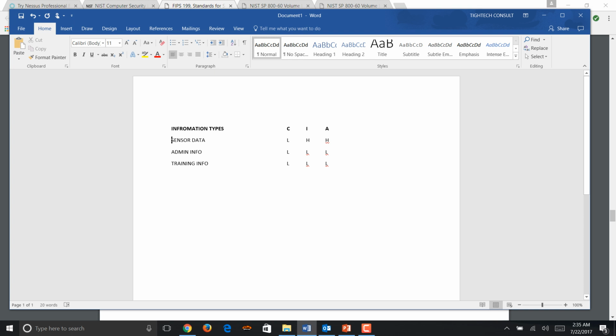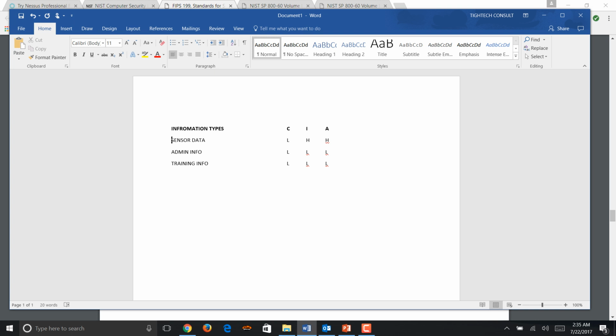Now, loss of integrity, what does it mean? We are assigning high in here. It means if there is a security breach on this system, and the name of this system is SCADA system, and there is unauthorized modification of this sensor data, the severity of damage due to this unauthorized modification will be catastrophic, will be severe.